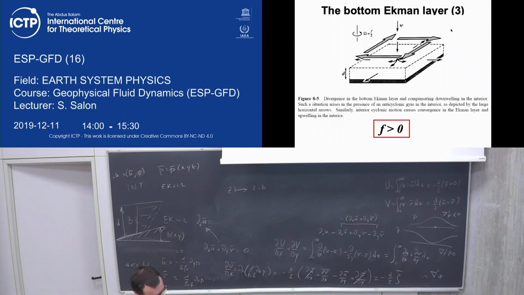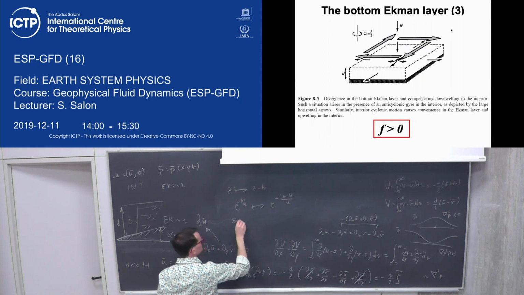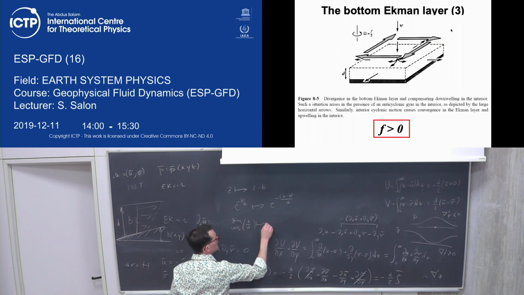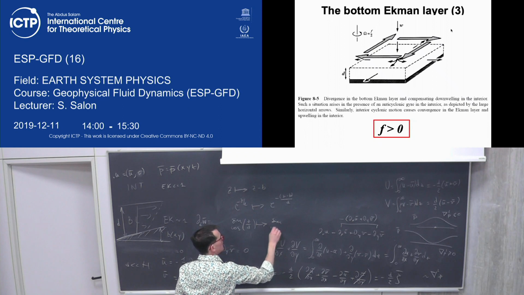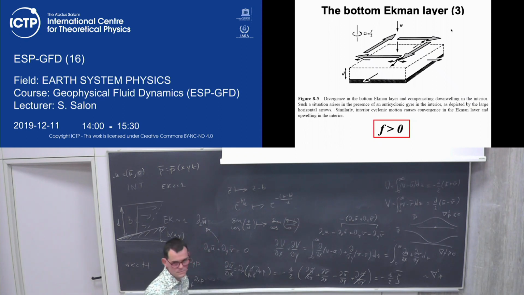Nothing more. So you will have not e to the minus z over d, but e to the minus (z minus b) over d. And of course, sine or cosine of z over d will become sine and cosine of (z minus b) over d. And we can still do the same analysis and calculate the vertical velocity.